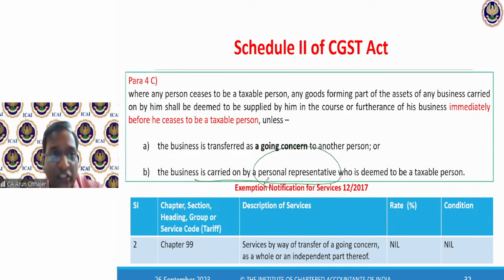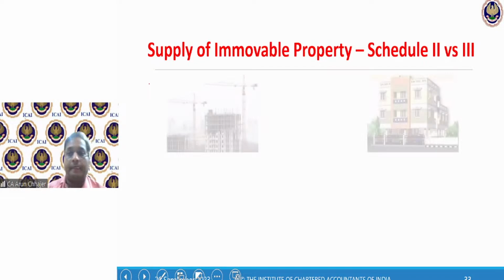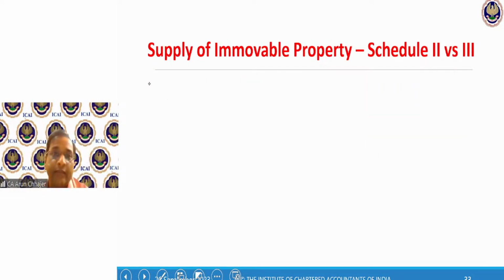So in case of liquidation of the company, a liquidator is appointed. Okay. So he will be the representative, correct, of the company. Then it will not be taxable in these two cases, but otherwise it is taxable. Now I am doing the comparison of supply of immovable property, schedule 2 versus schedule 3. So this comparison is very, very important.